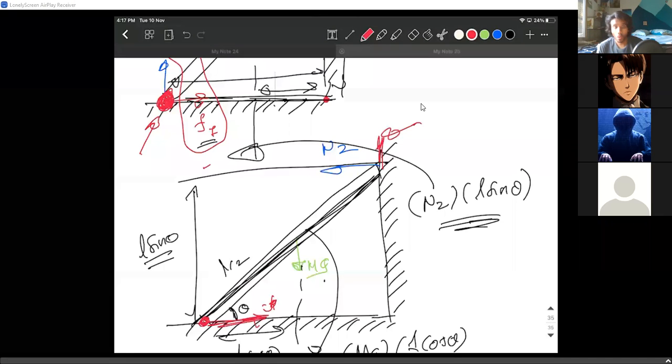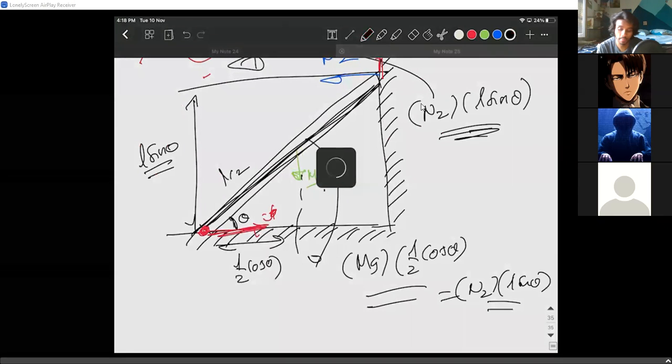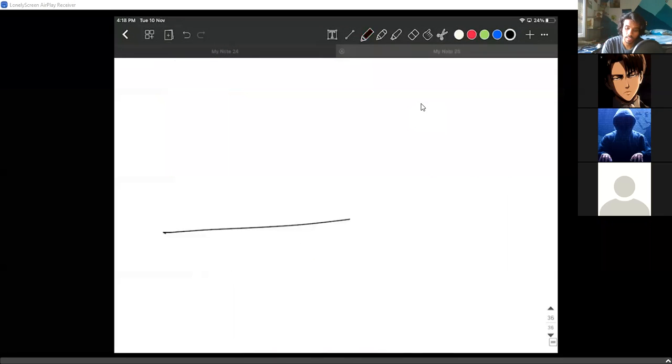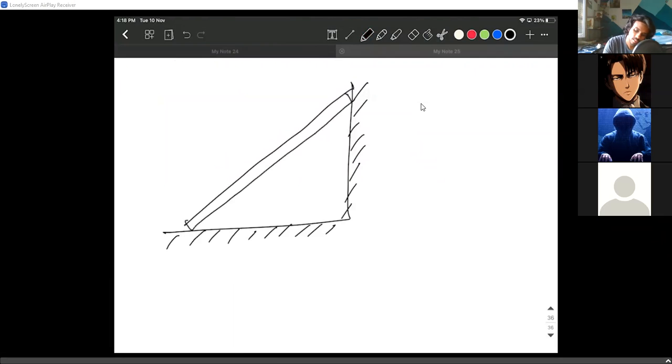Now, be really quick, and do me a favor and find the answer for this problem. The question goes like this: this angle is 37 degrees. I hope you remember the values of sine 37 and cos 37.